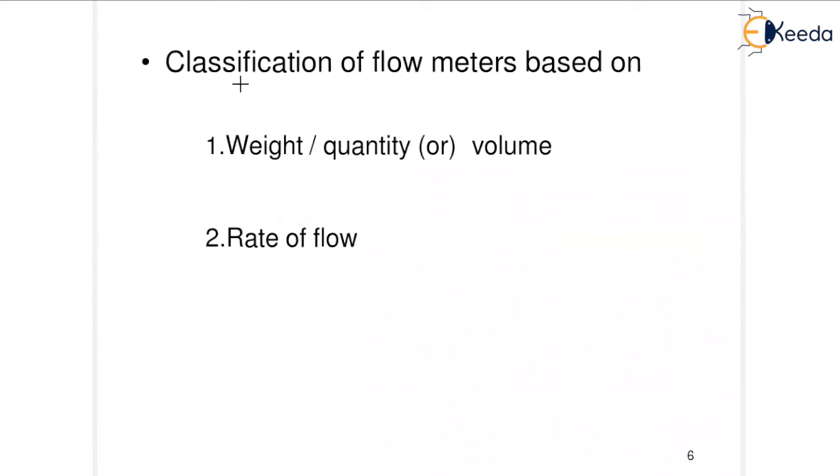Now, what is the classification of flow meters based on weight or volume and rate of flow? Let's look at the classification of flow meters: flow meters based on weight or quantity or volume and rate of flow.